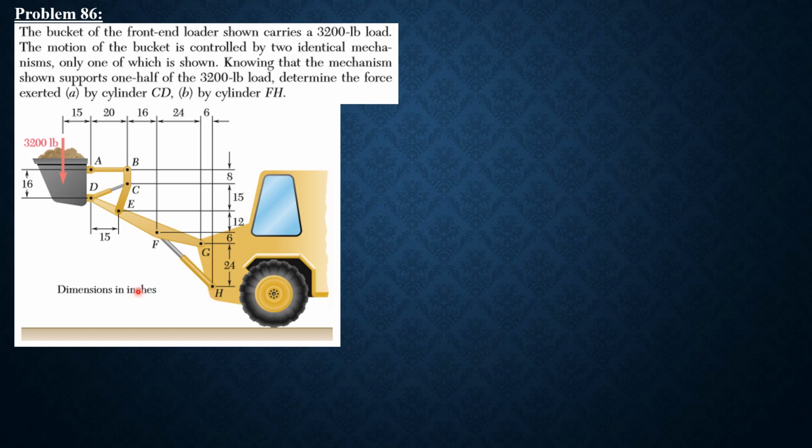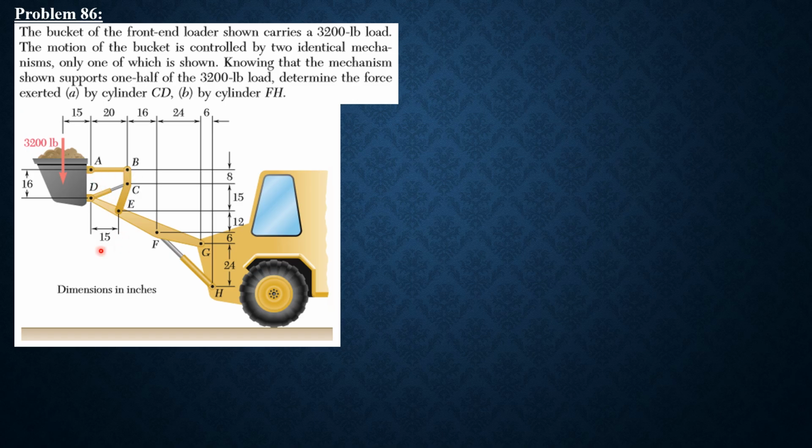So first, to solve for force in CD, we must consider first the bucket half, then the force in AB. Let's solve that first. We cannot determine directly the force in cylinder CD because there are two component reactions at E. So let's solve for the force in link AB, which is expected in tension.